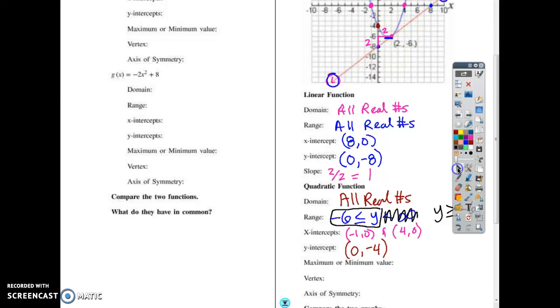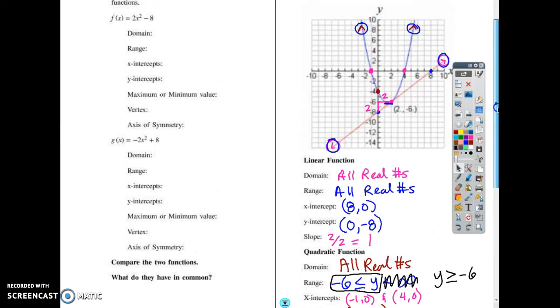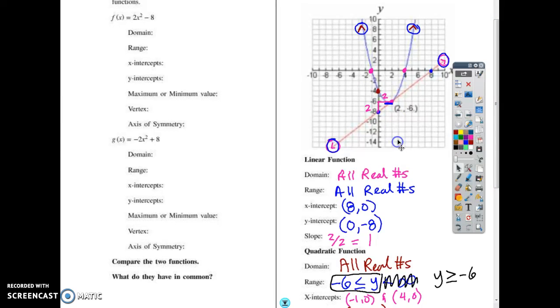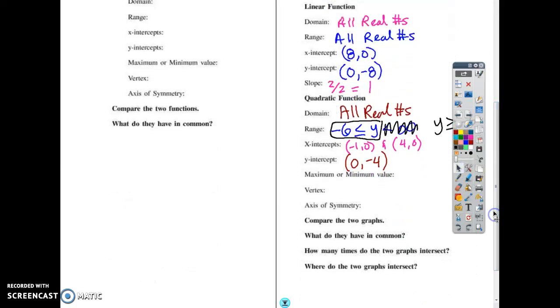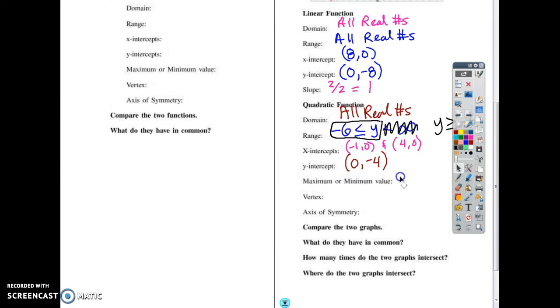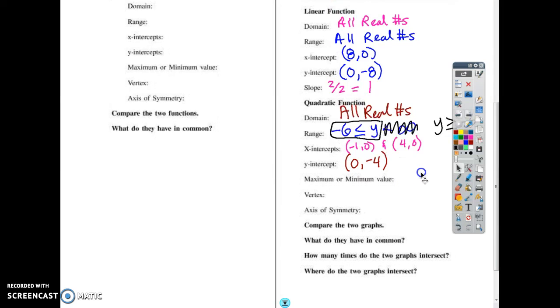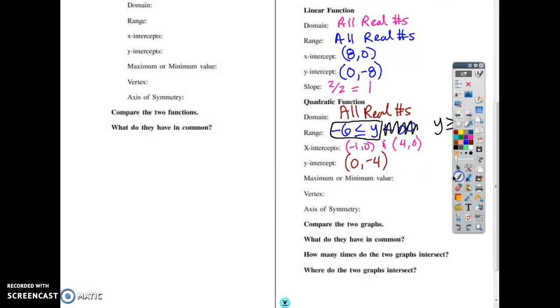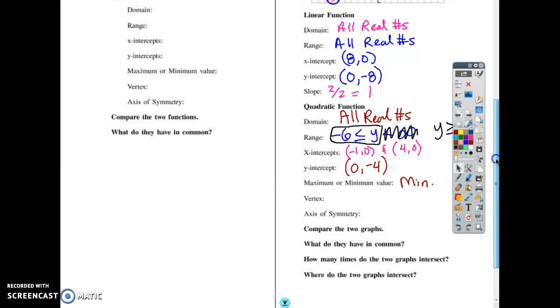Does that quadratic have a maximum or a minimum point? That means does it have a highest point or a lowest point? It has a minimum. It has a lowest point right here. The vertex is your lowest point. So we're going to say it's a minimum. And what was the vertex at?